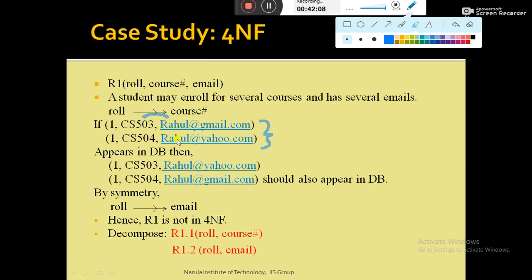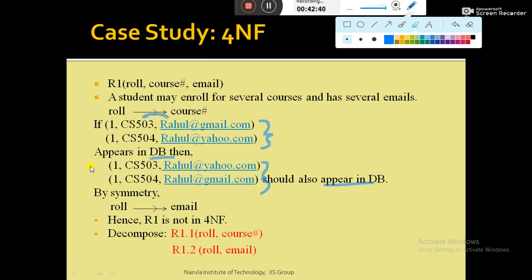That means if these two records are there in a database, then this set of data should also appear in the database. Why? Because the same student 1 enrolled in CS503. Here CS503 is the course and the corresponding mail ID is rahul@gmail.com, but here the email ID is rahul@yahoo.com.